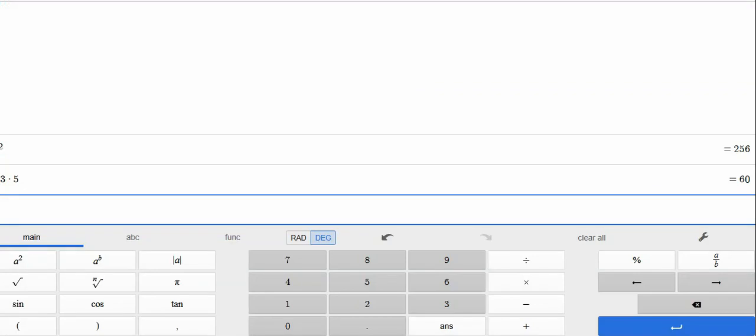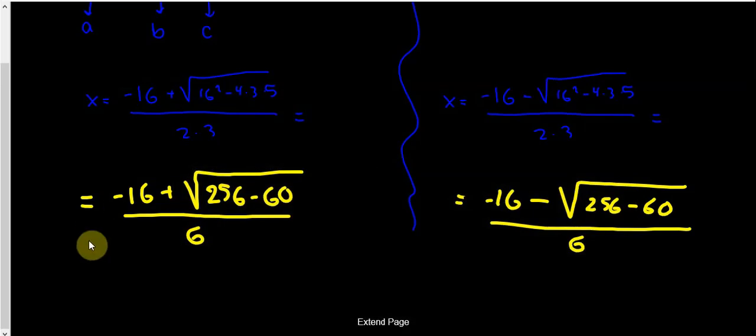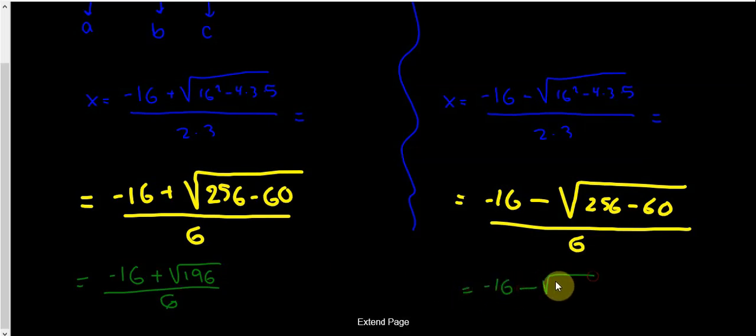We'll just use the calculator. 256 minus 60 is 196. And so I have negative 16 minus the square root of 196 divided by 6. Oh, not minus, plus. And on this side, it's minus 16 minus the square root of 196 divided by 6.